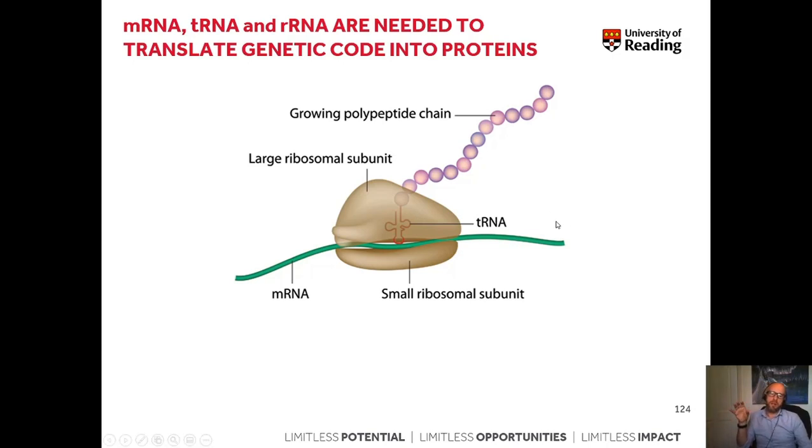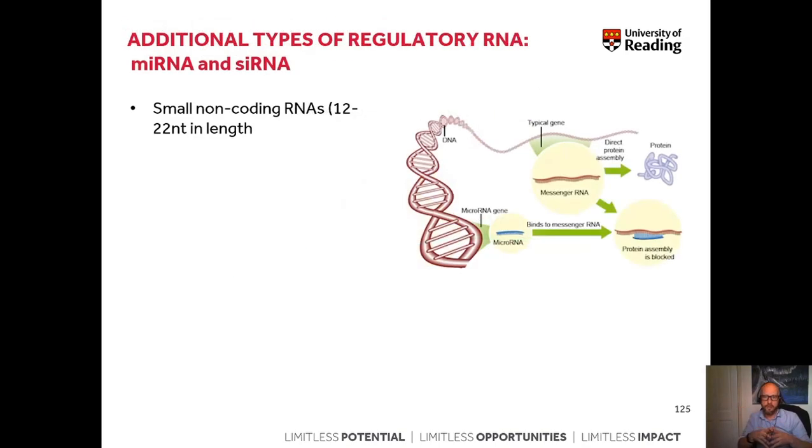This results in binding of tRNAs that carry amino acids, and a large number of tRNAs bind sequentially to the ribosomes and to the mRNA, forming thereby a growing polypeptide chain, which then forms our proteins.